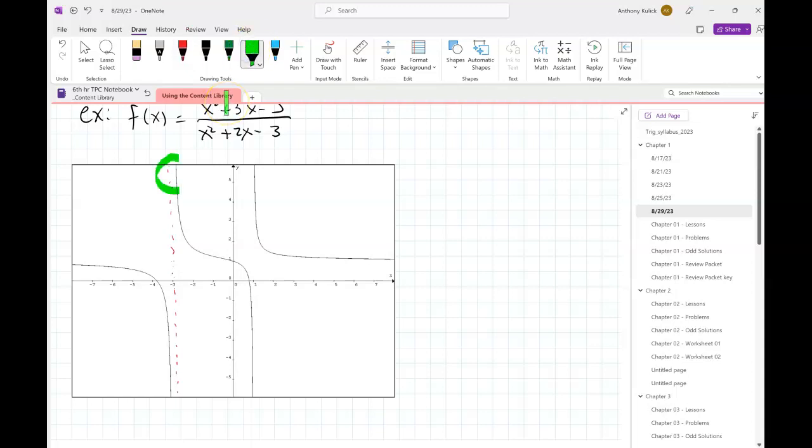Notice the graph gets closer and closer to that line, but doesn't ever seem like it's going to get there. Everybody see that? I see another vertical asymptote at what appears to be x equals 1. Again, the graph gets closer and closer, but doesn't ever look like it's going to touch.